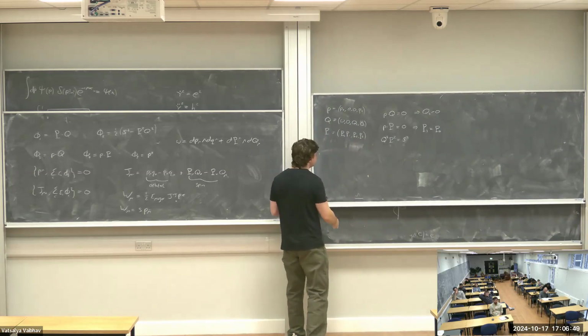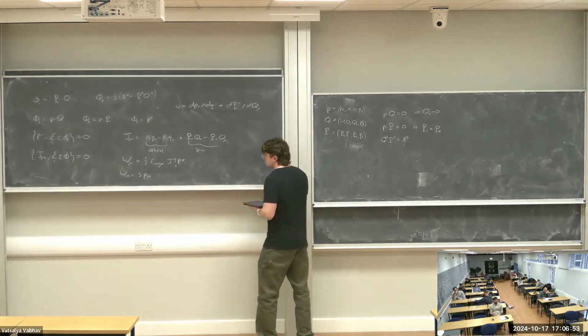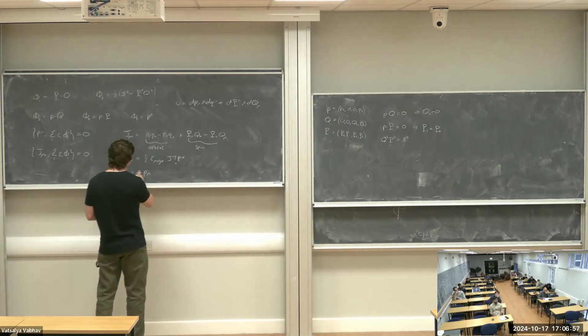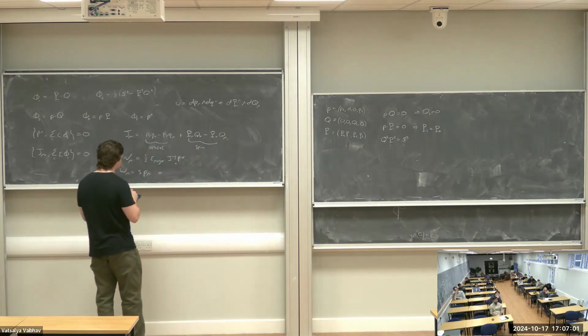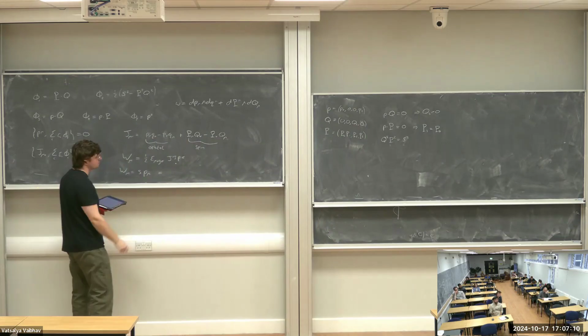And what I'm left with then, you can just check the components of this one by one, and you'll find that the only non-zero components are the 0 and the 3 component. And it ends up being exactly S times p mu.